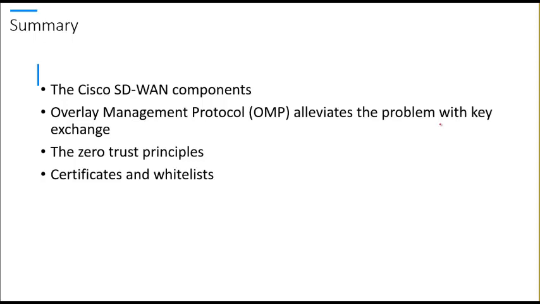Every WAN edge device generates a key. As a route attribute, it is distributed to the vSmart, and vSmart distributes it only to the WAN edges that are allowed by policy to communicate. So when a WAN edge device receives a key, it receives it only from those edge routers to which it is allowed to communicate.